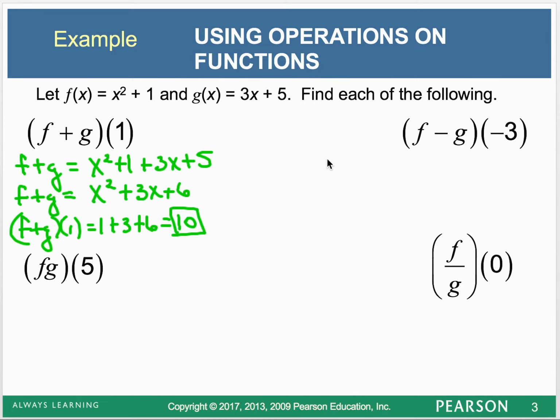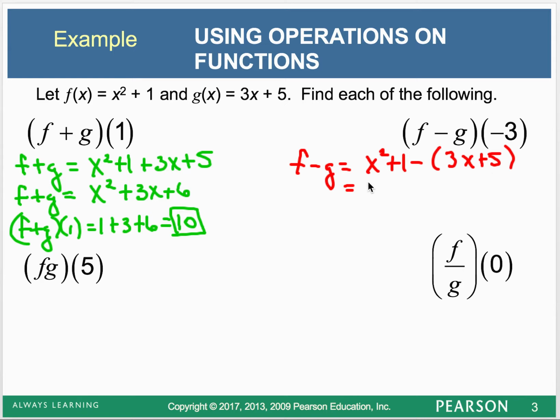So here, f minus g of 3. First of all, so it doesn't get too cluttered, I'm just going to find f minus g. That would be x squared plus 1 minus. Now be careful, when we have a minus, I'm subtracting that whole function g. So I don't want to just put minus 3x plus 5.